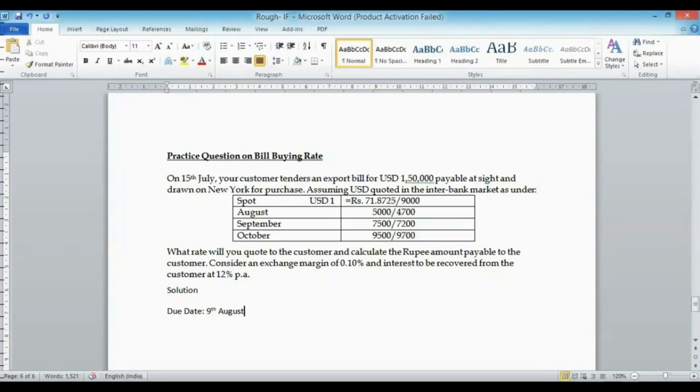That means on that rate the bank will purchase the 1,50,000 USD bill and make the payment for that bill.